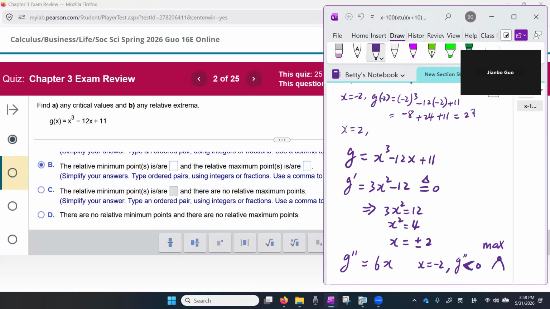As x equals +2, we have +8, minus 24, plus 11. So 11 plus 8 is 19, and -24 plus 19 is -5.